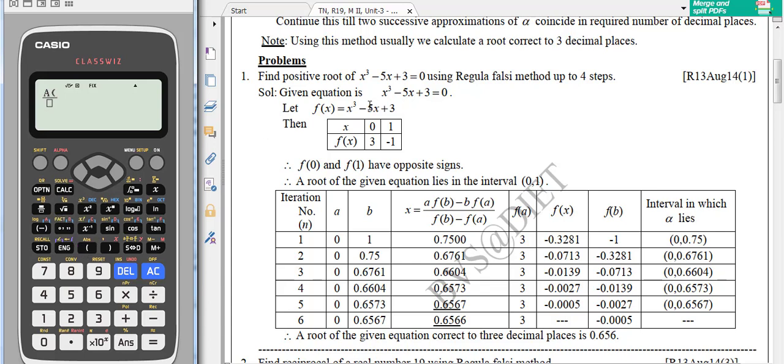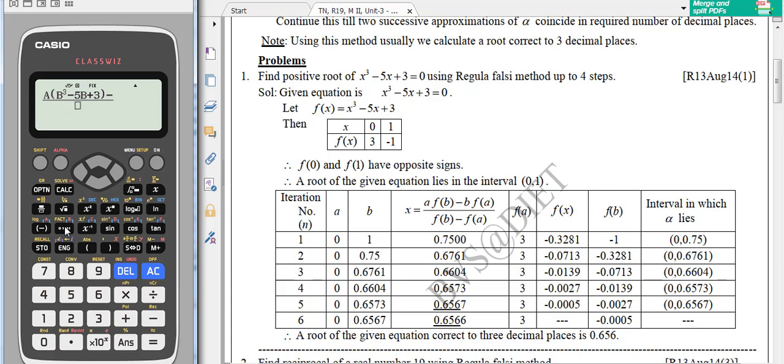As f of x is x cube minus 5x plus 3, f of b is b cube minus 5b plus 3, where to get b you press alpha and then b. That gives you a f of b.